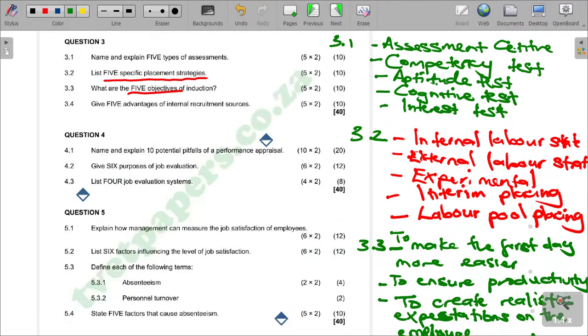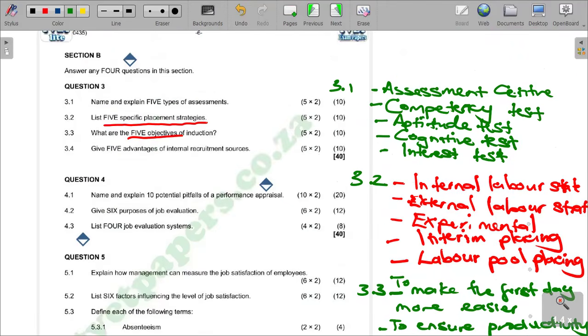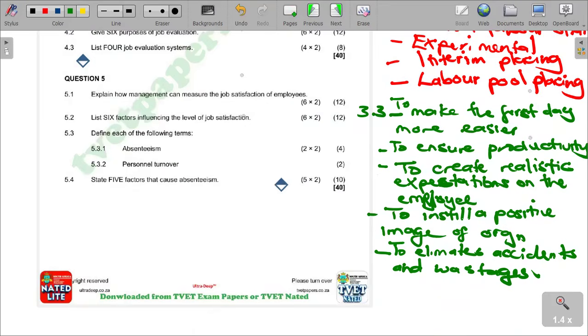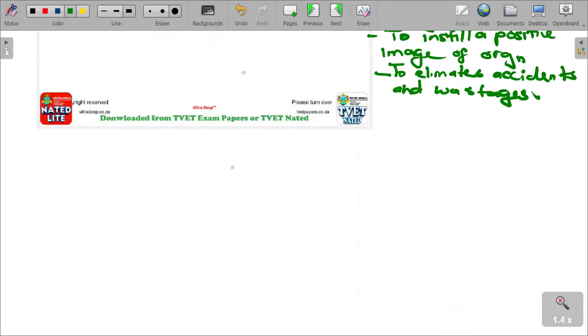Let's go to question 3.4. Give 5 advantages of internal recruitment sources. What are the advantages to the organization of recruiting internally? Advantages of internal recruitment.